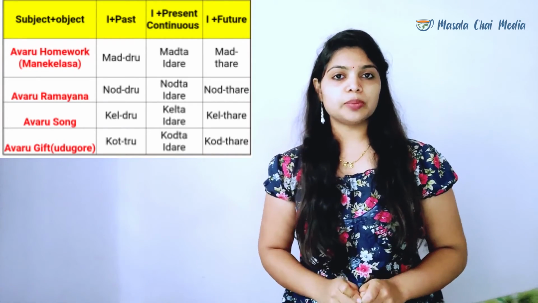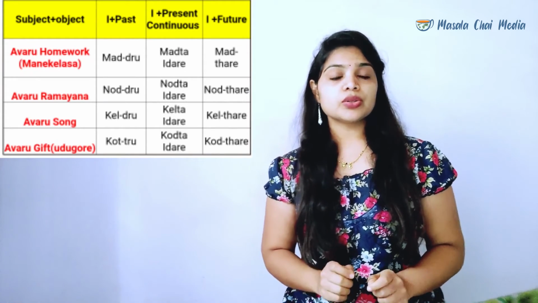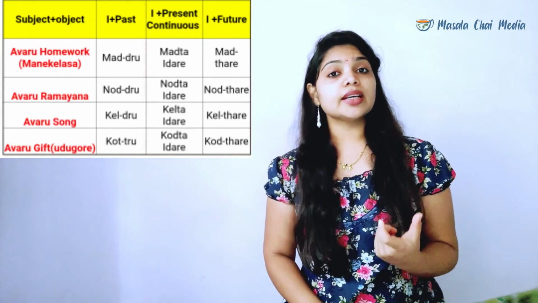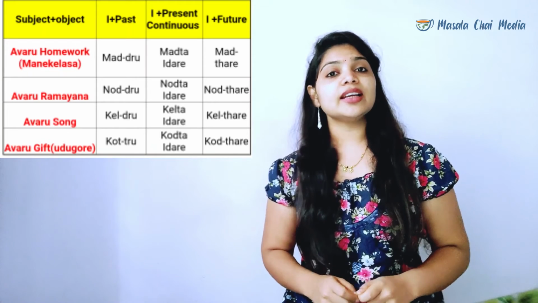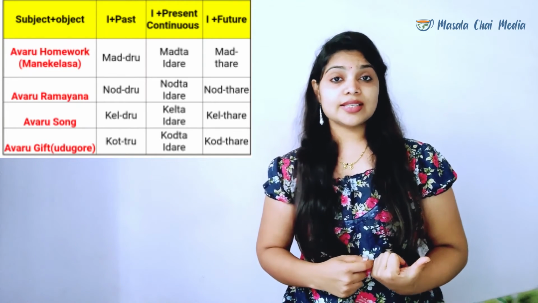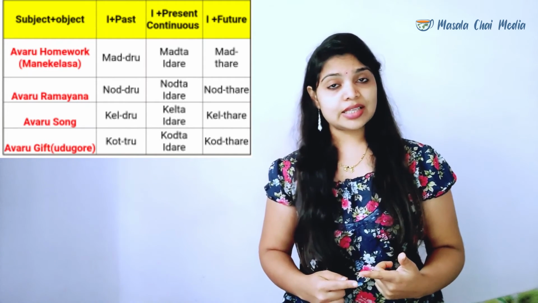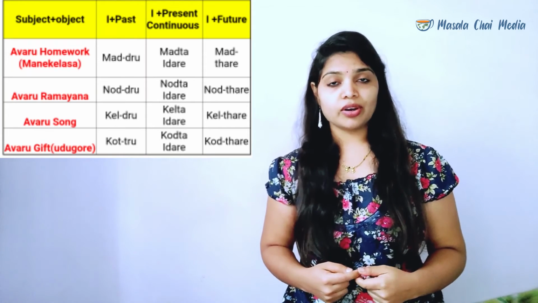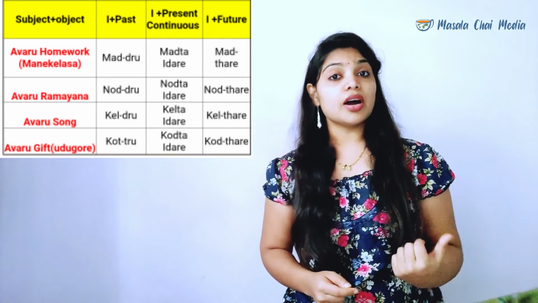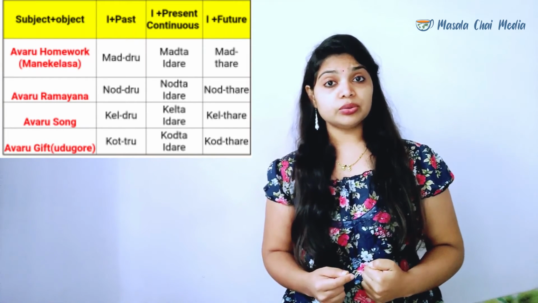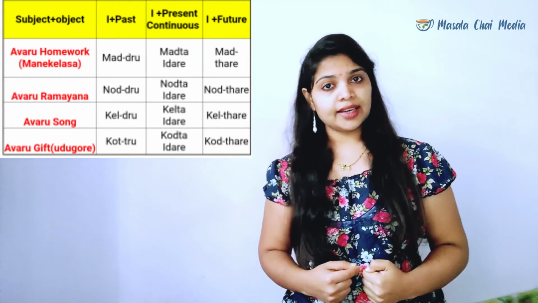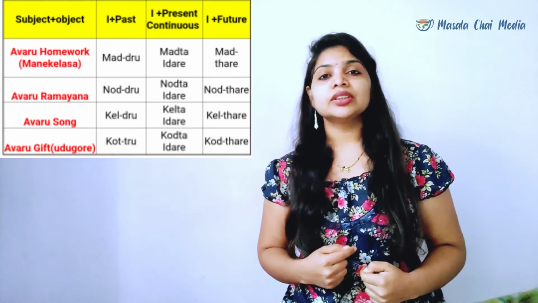Now the next verb, ಕೇಳು. For song we say ಹಾಡು in Kannada. So we say they listened to a song, they are listening to a song, they will listen to a song. In Kannada, ಅವರು ಹಾಡು ಕೇಳಿದ್ರು. ಅವರು ಹಾಡು ಕೇಳ್ತಾ ಇದ್ದಾರೆ. ಅವರು ಹಾಡು ಕೇಳ್ತಾರೆ.